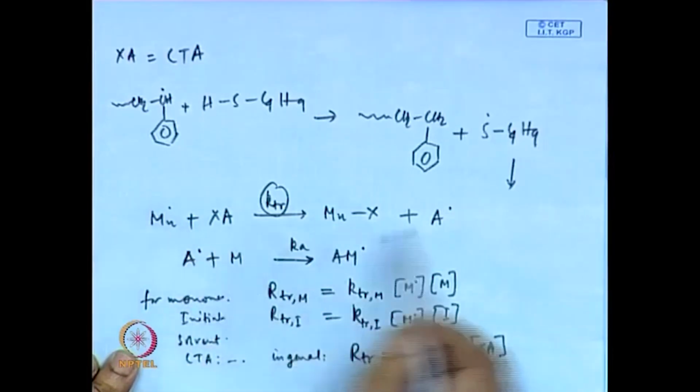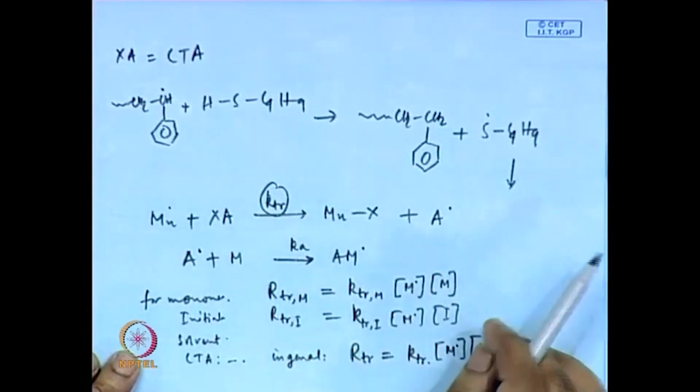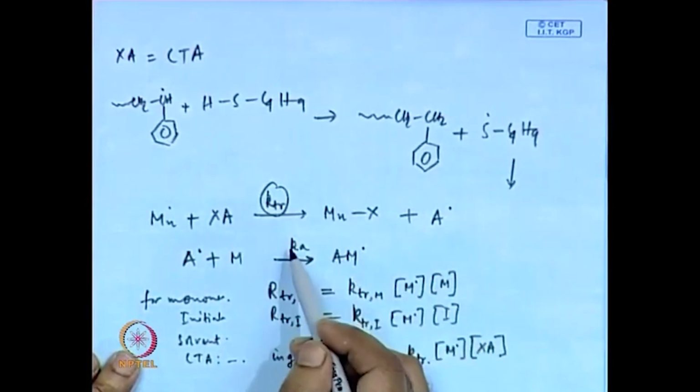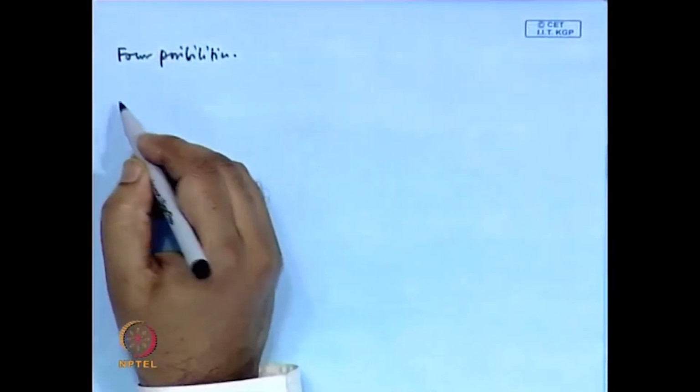And when this new radical is formed, this initiates another new chain polymerization with rate constant Ka. Okay.